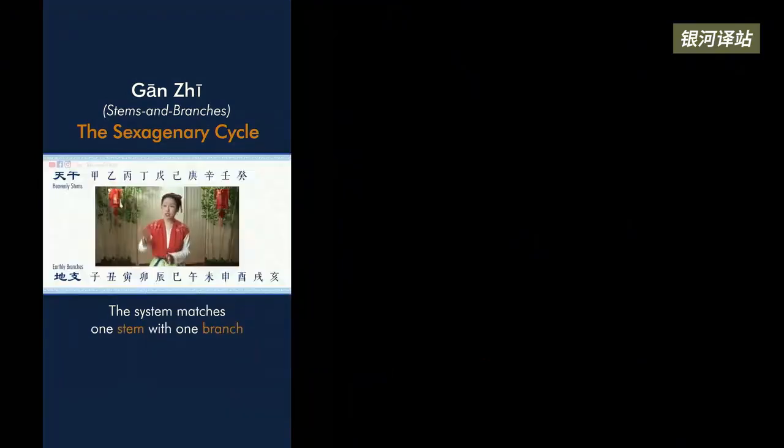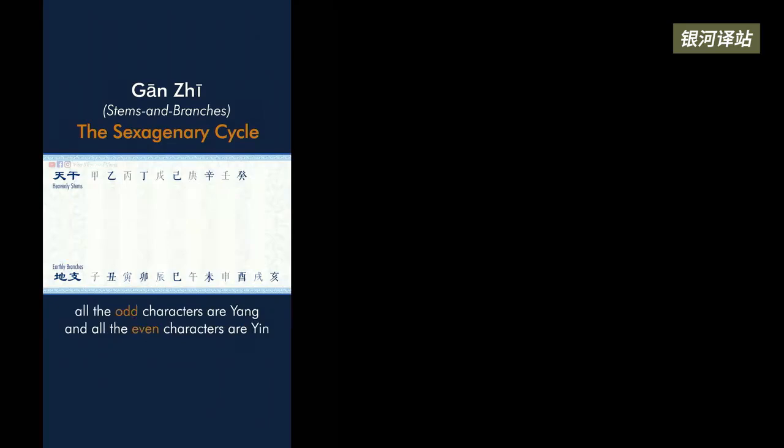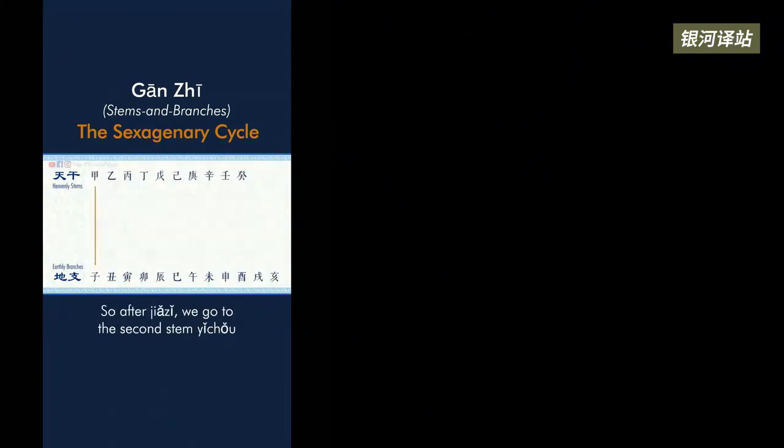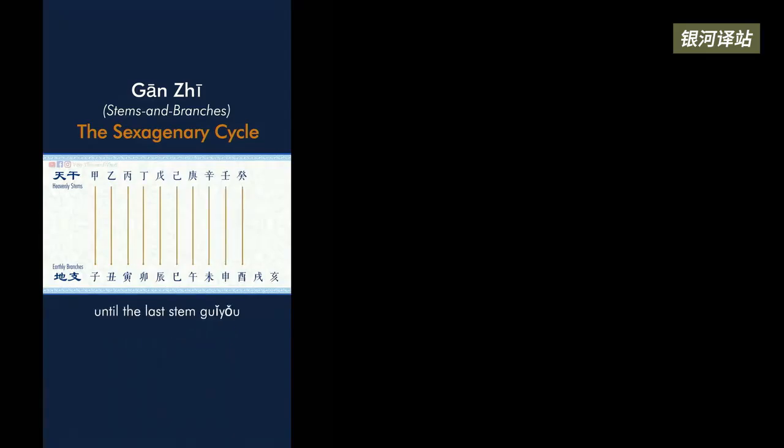This system matches one stem with one branch, and every stem and branch has an attribute of either yin or yang. All the odd characters are yang, and all the even characters are yin. A yang stem can only match with a yang branch, and the yin stem can only match with the yin branch. So after jiazi, we go to the second stem, yichou, and then the yin, and so on and so forth, until the last stem, weiyou.